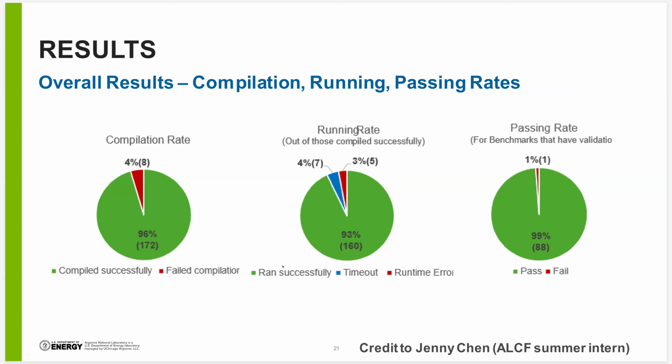We have much better confidence in our runtime nowadays than we used to. But we can still encounter bugs here and there. And of course, the passing rate is pretty great. So we are not generating invalid results. Only in one case, and I don't remember what was the reason for this one.